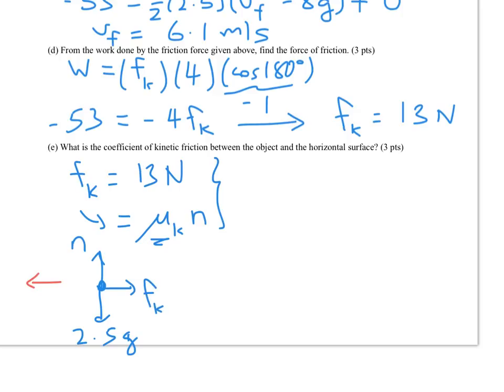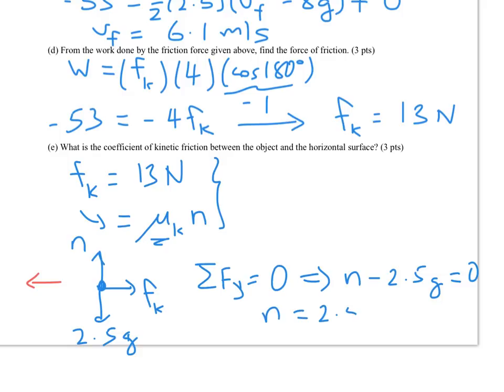But in this case, you don't care, because sum Fy equals m a y equals 0 would tell you that N minus 2.5 g equals 0, or the normal force is 2.5 g.